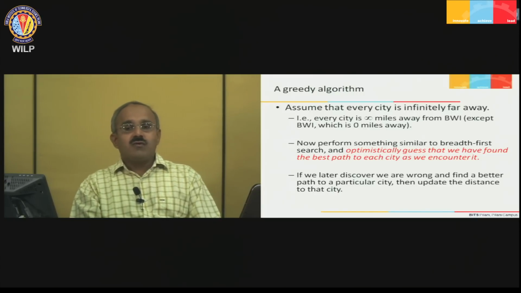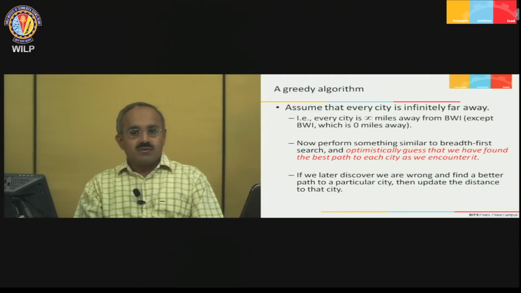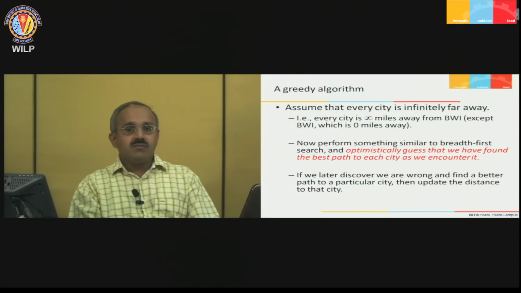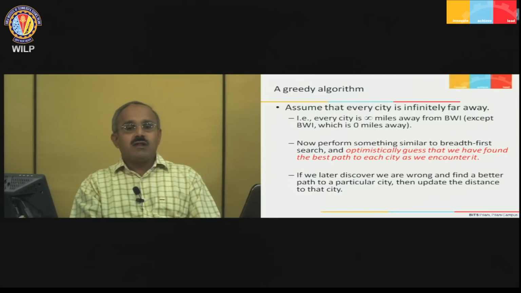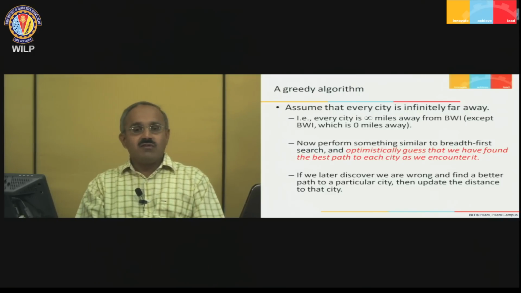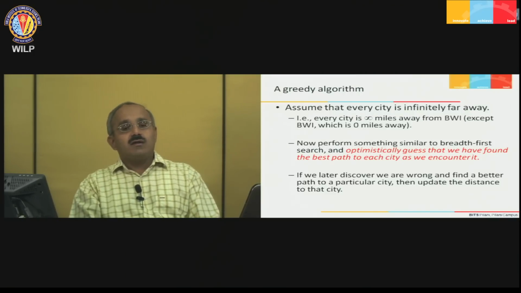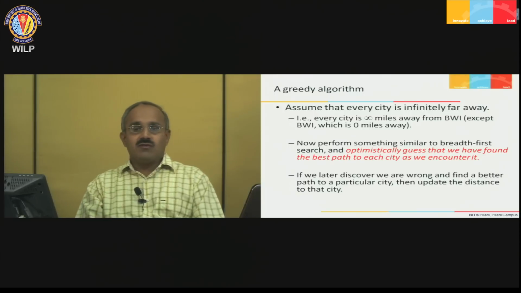If we later discover we are wrong and find a better path, we update the distance to that city. So, we are going to use a greedy algorithm, and that would mean we would take locally optimum decisions or locally based decisions. At some further instance, if we observe that the decisions were not correct, we update our decisions.